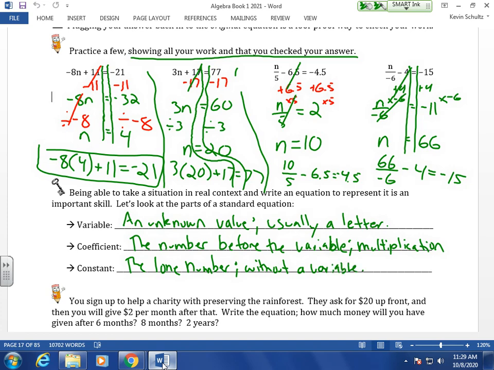It's the number that is sitting by itself, just like Mr. Schultz on a weekend in high school. Okay. And the reason why it's called a constant is because its value isn't dependent on the variable. Its value doesn't change. And we'll talk about what that looks like in the word problem here.